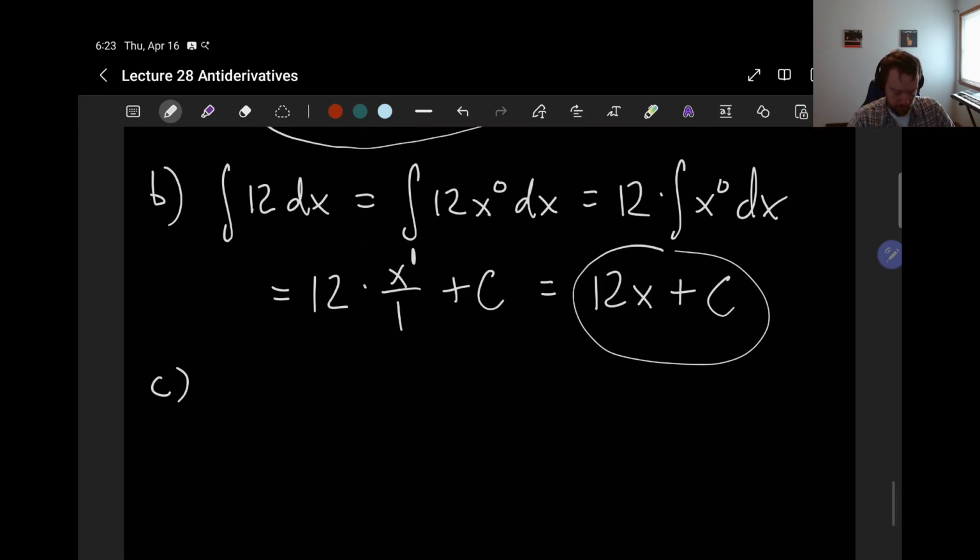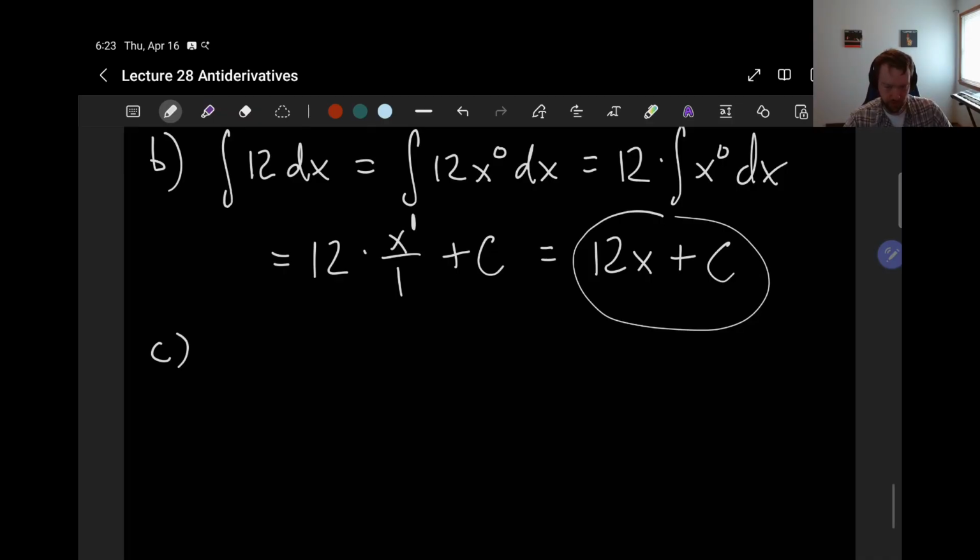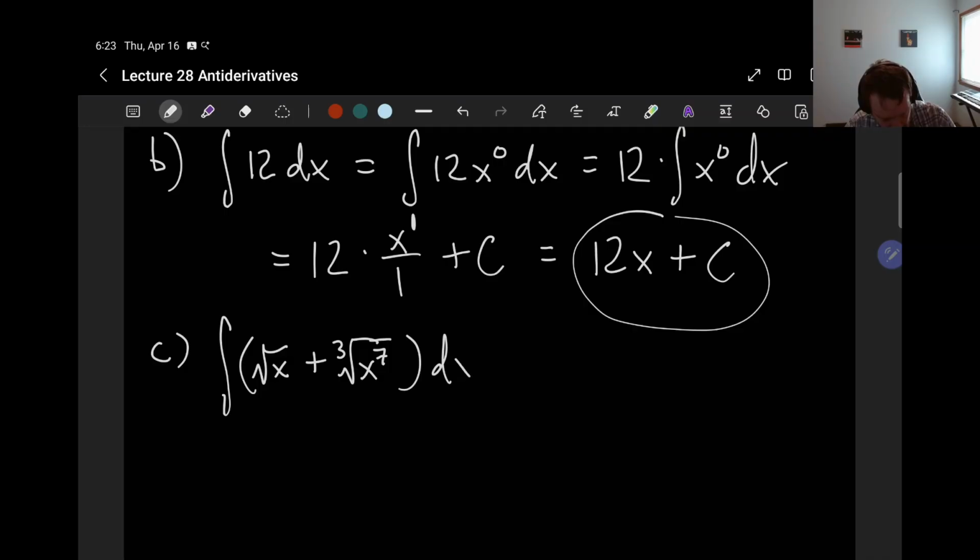Remember that power rule can be applied to radicals as well, so not just whole number exponents. So let's take a look at the square root of x, and then a weird one, the cube root of x to the 7. So perhaps before we separate this out, let's rewrite those exponents, or perhaps I should say write them in terms of exponents.